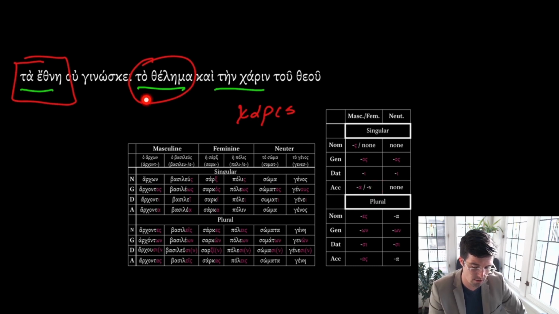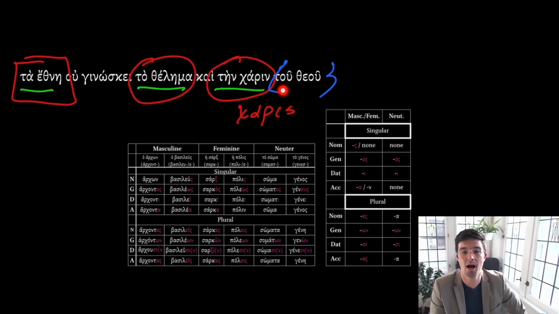So the nations don't know the will and the grace, also as an object in the accusative, tu theu, a word or phrase that we've seen many, many times now, of God in the genitive case here. So to put it together, the nations don't know the will and the grace of God.